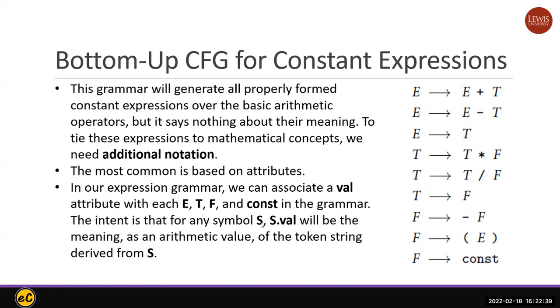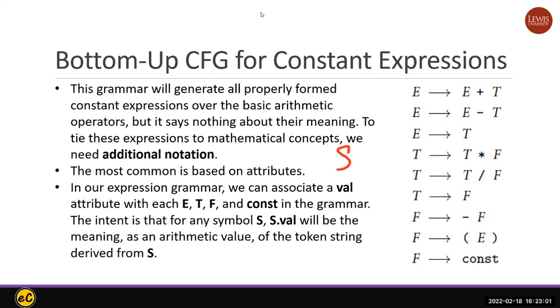So you will have a value or function. The starting symbol S's value will be the meaning of the attribute value and the token string from S. What that means is your S is your topmost node.